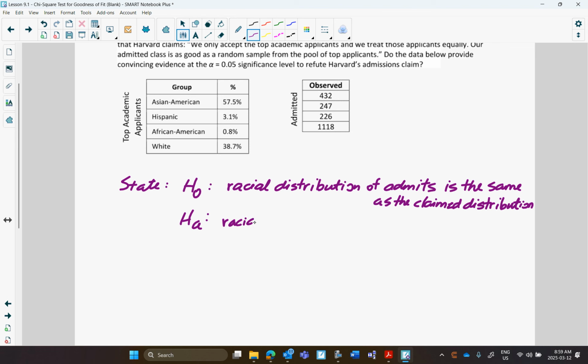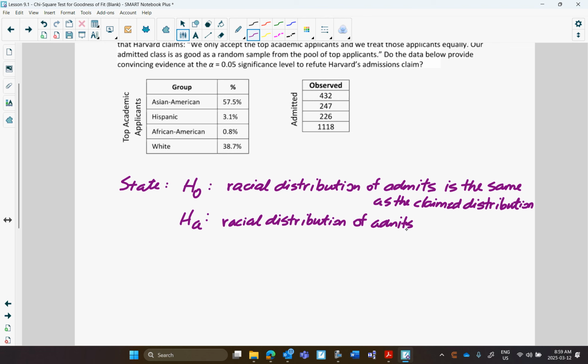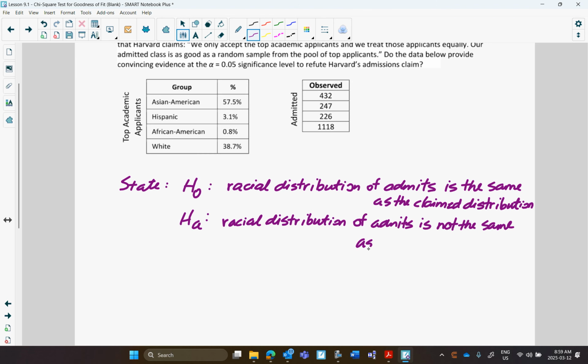HA, the alternative: the racial distribution of admits is not the same as the claim distribution. Remember, we're not saying it's less than or greater than, we're saying that it's not the same.